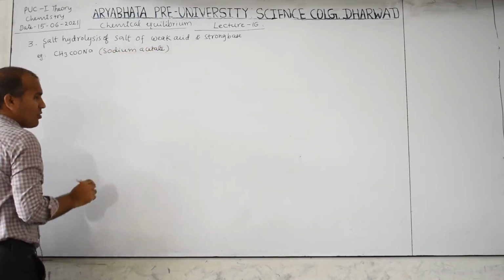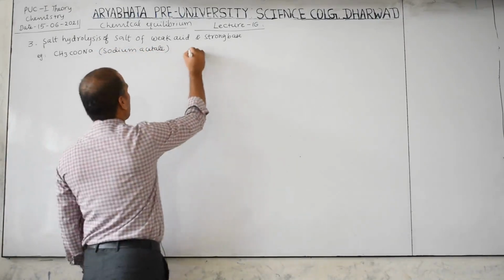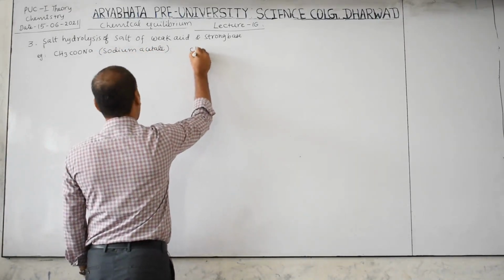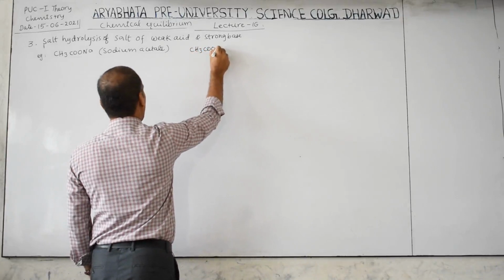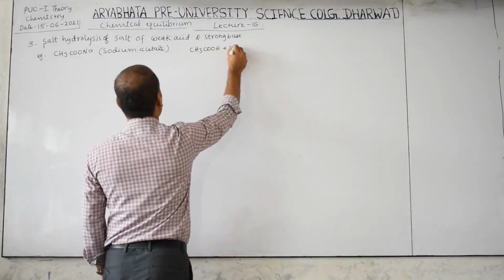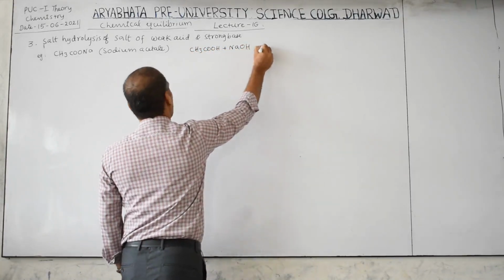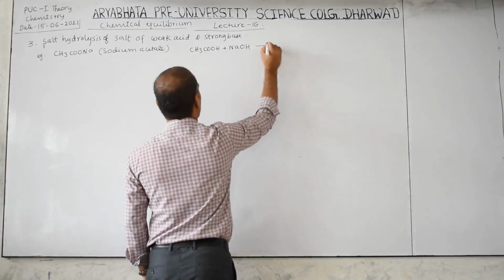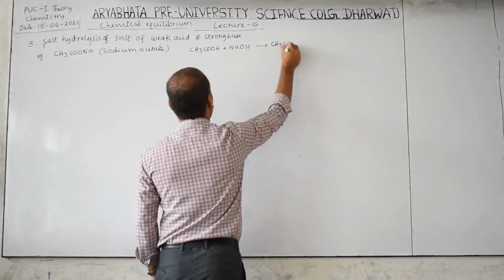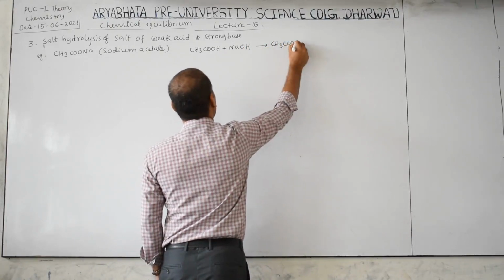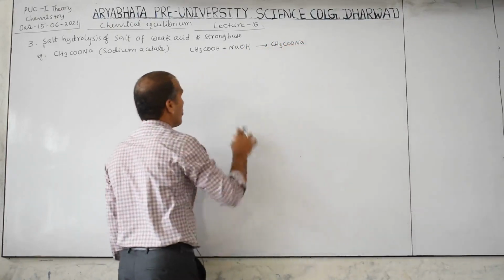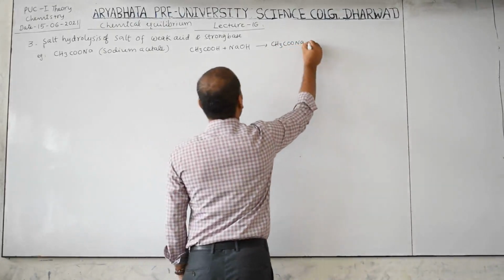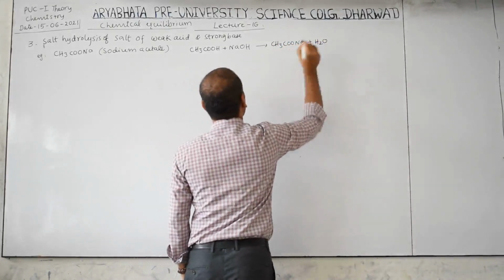Sodium acetate. How it is formed, I will show here. CH3COOH reacts with sodium hydroxide. Then the cation and anion combine to form the salt CH3COONa, and H and OH form H2O.